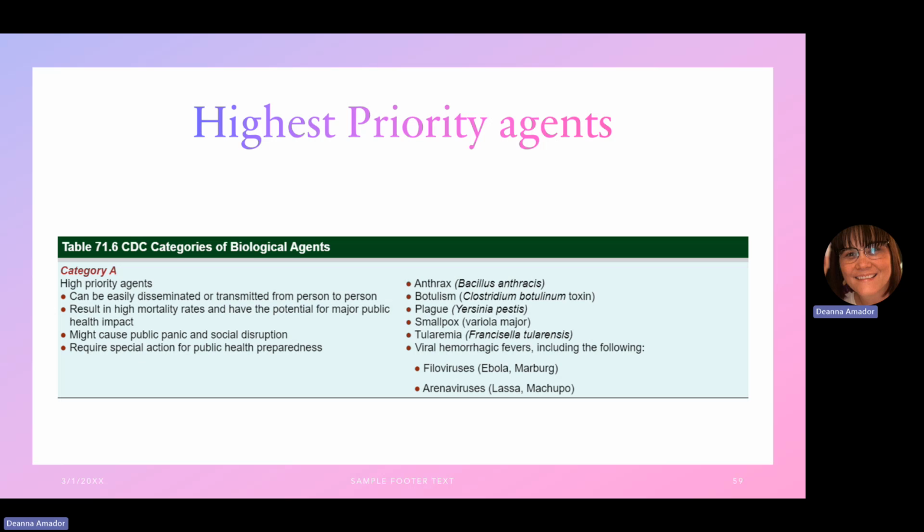This means they can be easily disseminated or transmitted from person to person. They result in high mortality rates and have the potential for major public health impact. They might cause public panic and require special attention for public health preparedness. So as you can see, smallpox, anthrax, botulism, these are all category A agents.